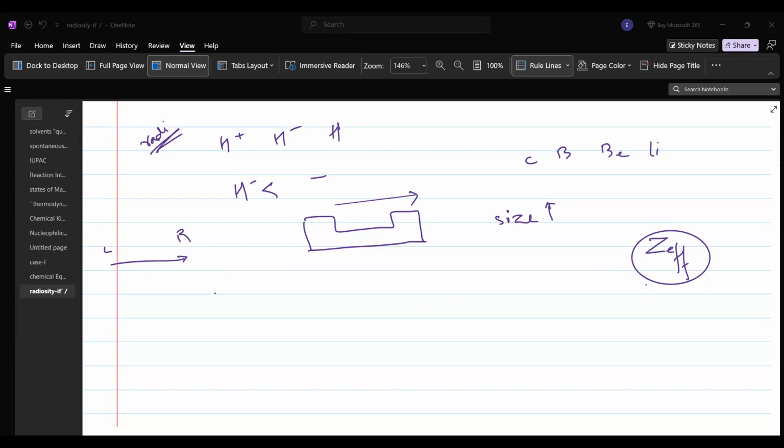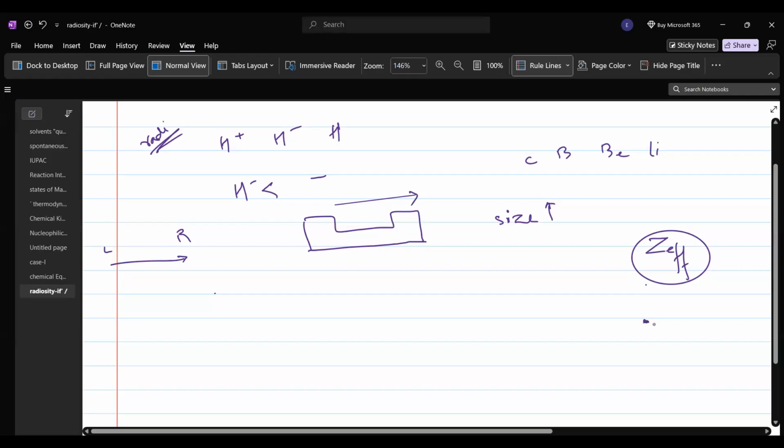For shielding effect, the electrons in the outermost shell don't experience a full positive charge. Good. They are screened away from the nucleus. So your answer is 95% correct.